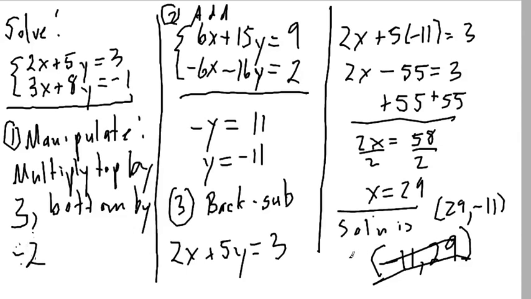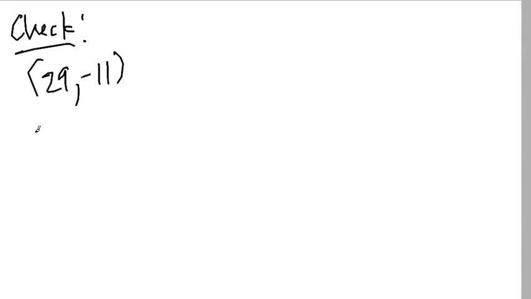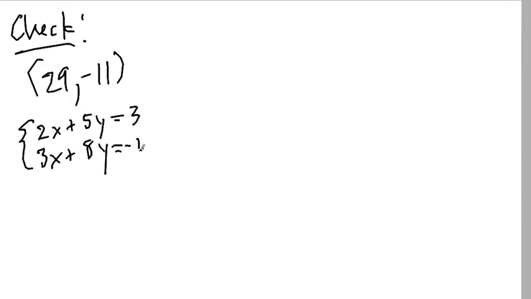Okay, I think this works out, but it's always worthwhile for us to check that this works out. 29 and -11. Let's see. We'll check. Our solution was supposed to be 29 and -11, and our original system of equations was 2x plus 5y is equal to 3, and 3x plus 8y is equal to -1.